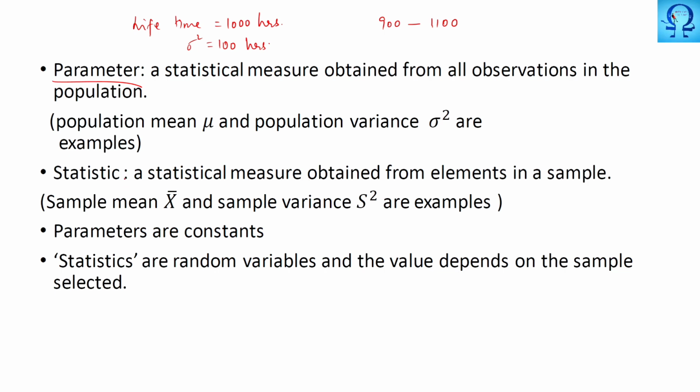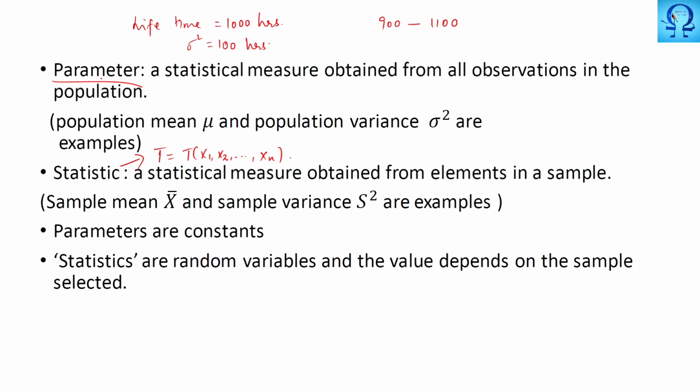So basically the statistic, as I said initially, is a function of the sample. From the sample only we are going to obtain some statistical measure, and that is what we call a statistic. For example, it can be sample mean or sample variance or anything more. When we proceed further we will see more of that kind.